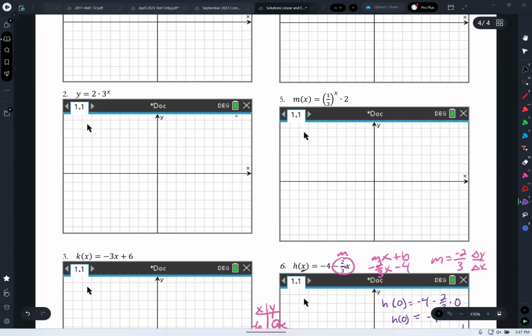We did number 5 in class today, but we just need to recognize, hey, this has a variable exponent. So this is exponential, and exponential is typically a times b to the x. But again, I can switch that order: 2 times 1/3 to the x. It's that variable exponent that's defining my constant factor, what I'm repeatedly multiplying by. And so I can see a y-intercept of 2 as a graph or as a table.